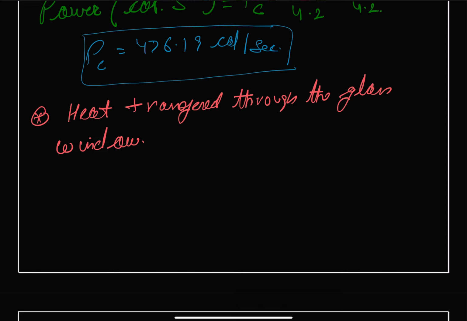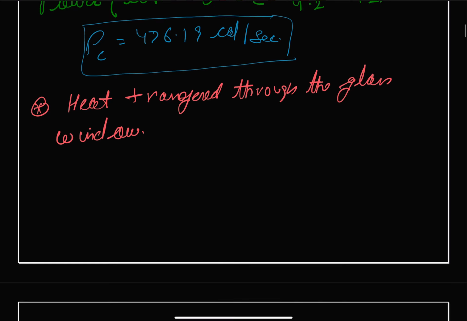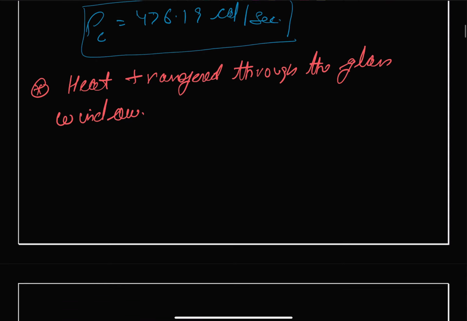Let us assume that the temperature inside the room is T1 and the outside is T2, which we are going to find out. Okay, rest of things are given to us.